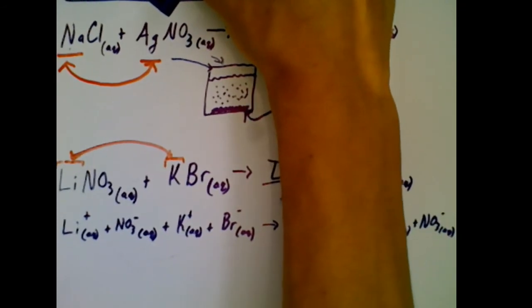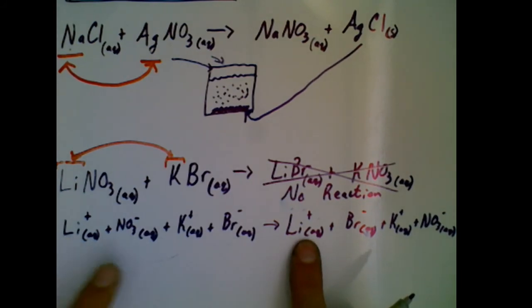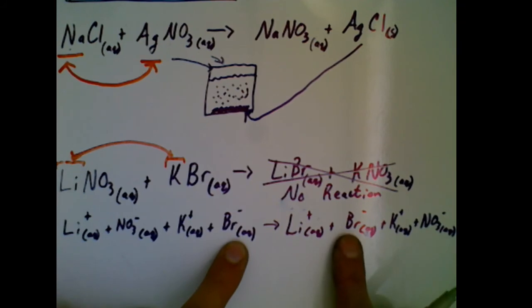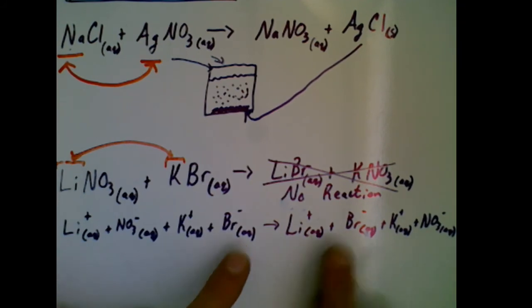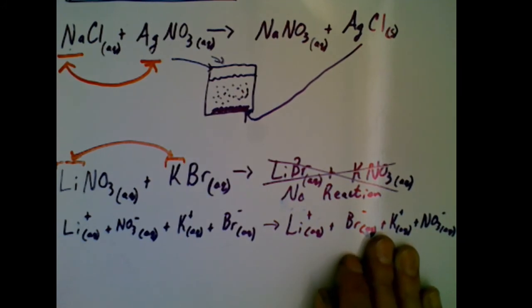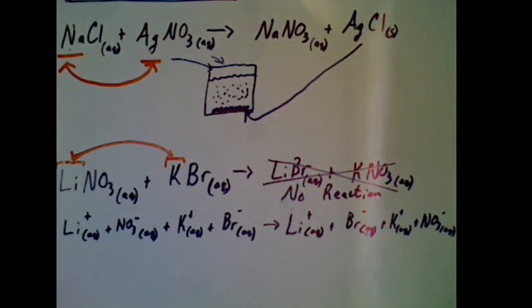So now, if we take a look at what actually changed over the course of this reaction, well, Li, NO3, NO3, K, Br, Br. There was literally no change from reactants to products. And that, by definition, means there was no chemical reaction.